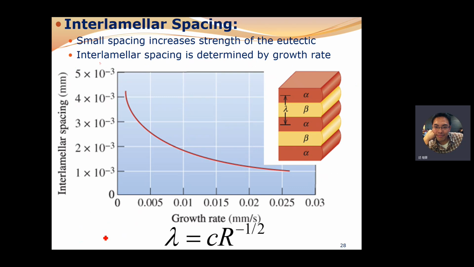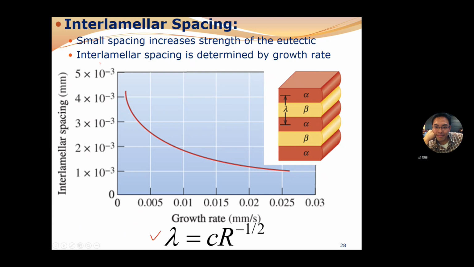And the interlamellar spacing: the small spacing increases the strength of the eutectic, and the interlamellar spacing is determined by the growth rate. This equation is from experiment. That means the growth rate of the lamellar structure, the eutectic structure.